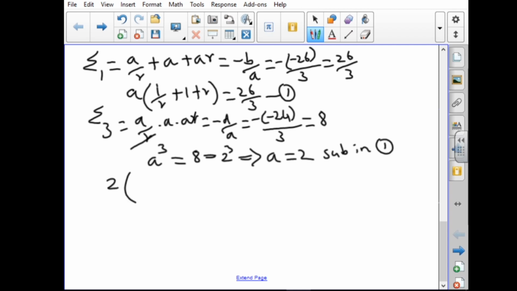2 into, and here you take LCM. R is the LCM. So, 1 plus R square is equal to 26 by 3. This 2 and R we can take to the other side.